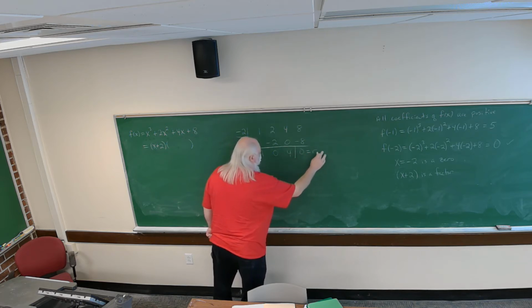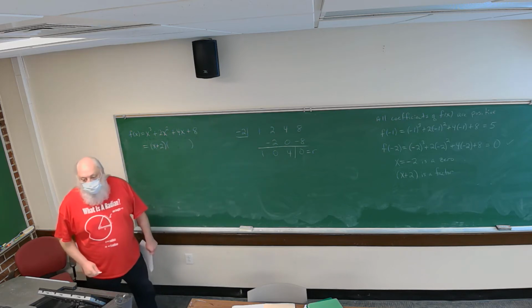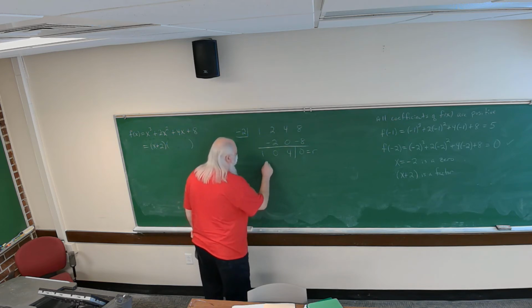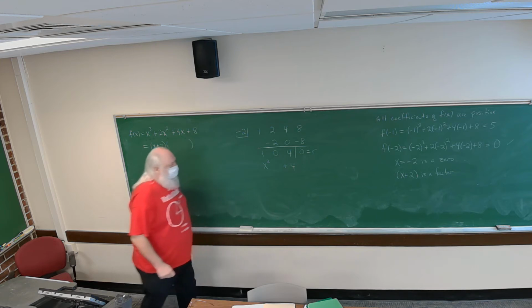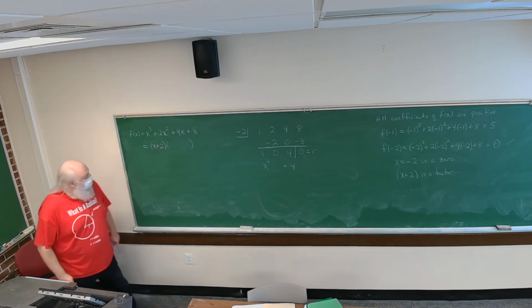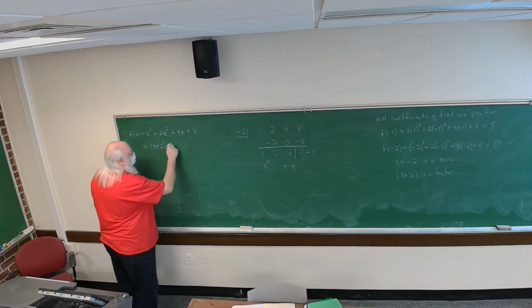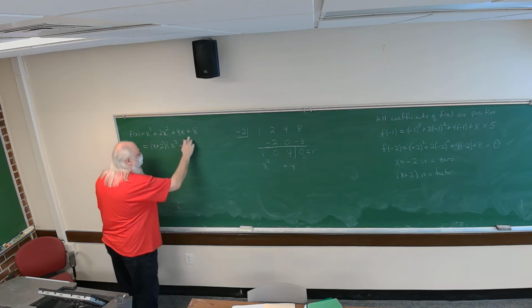You box the last number because that's the remainder. So we get a remainder of 0. Good news. So our quotient is x squared plus 4. There's no x term. So what goes in parentheses here is x squared plus 4.